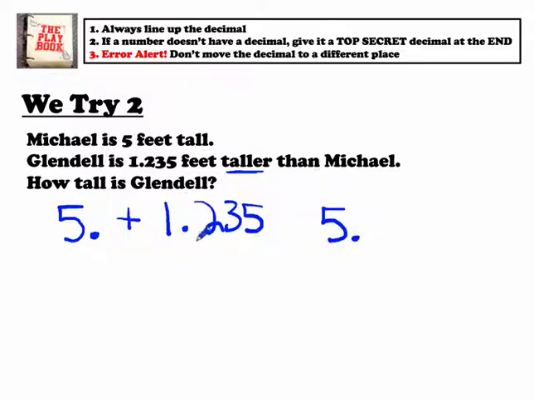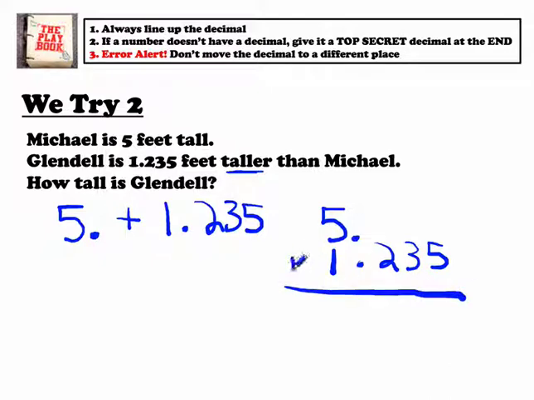5 wholes. Put your decimal first. 1 whole goes in front. 2 tenths, 3 hundredths, 5 thousandths. And don't forget your placeholders.